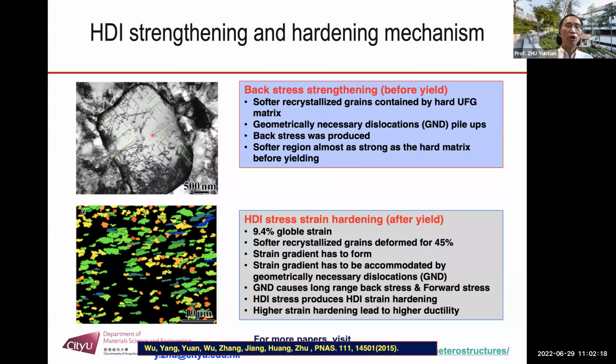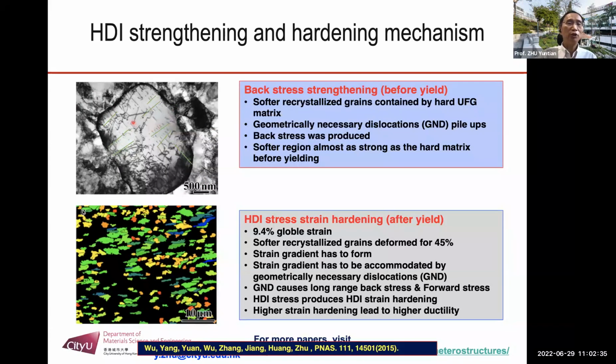It cannot get across the boundary because this softer grain is surrounded by hard matrix. The matrix needed a stress of 900 megapascal to deform. So they got all stopped here.